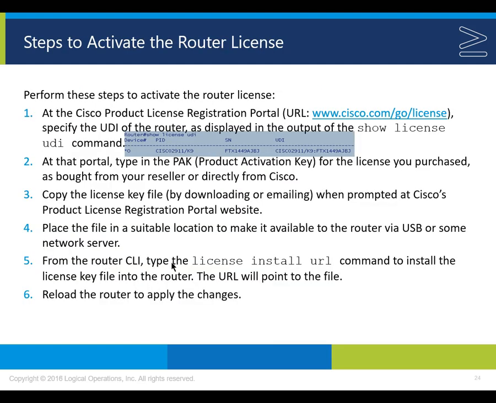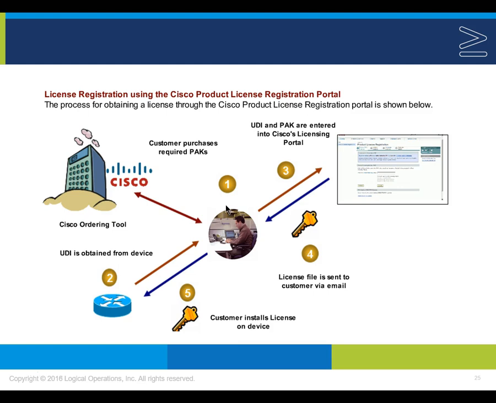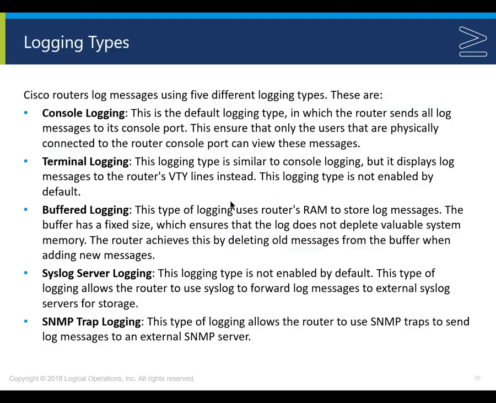Here at the command line, license install and then wherever the file is, is the command you would use. So that's the step-by-step updated process for Cisco to do the activation.